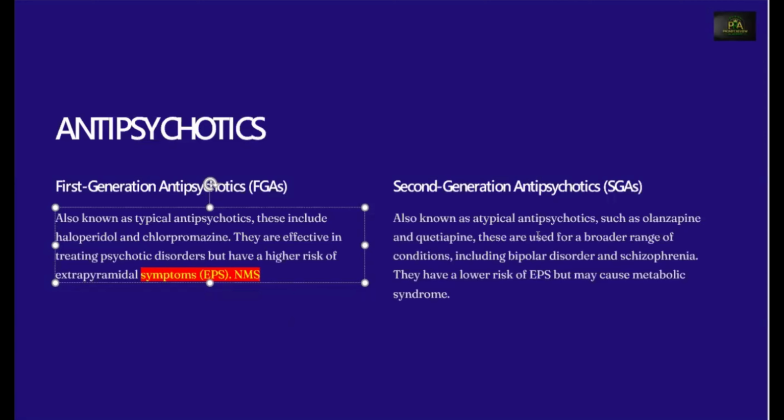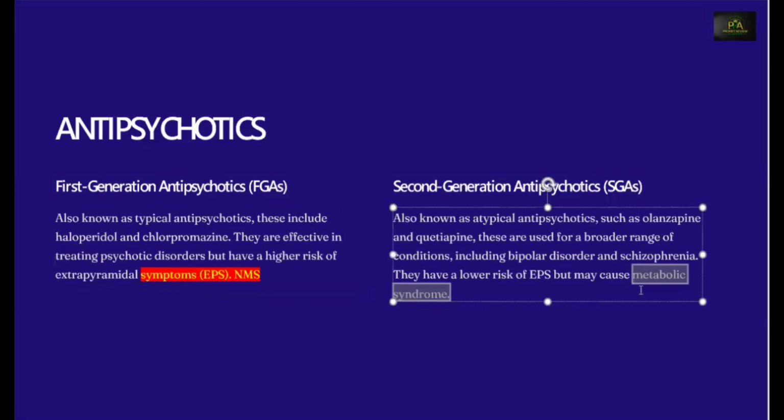Then we have the second generation, where we monitor more for metabolic syndrome. We said it causes weight gain. Under metabolic syndrome, what are the things to remember? Metabolic syndrome is just a collection of conditions in one.